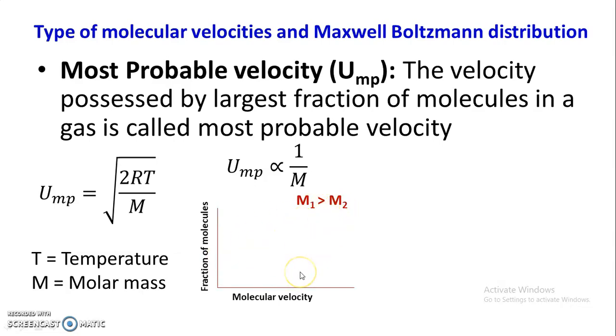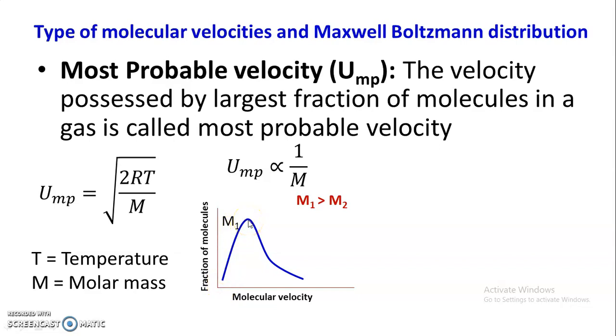Now the distribution curve according to Maxwell and Boltzmann for these two types of gas samples is given by, suppose this is the distribution curve for one type of gas molecules with molar mass m1, which is greater than m2.